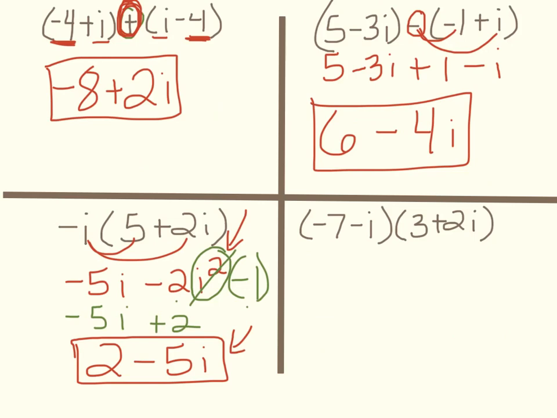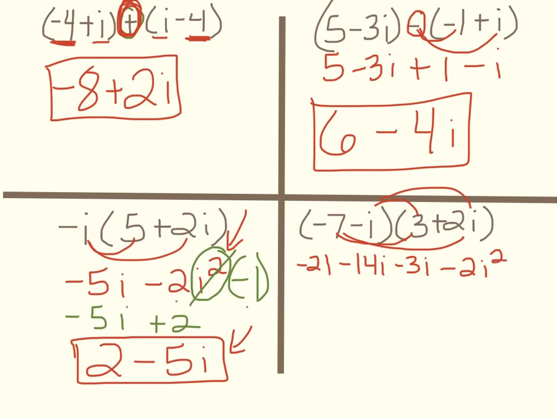Alright, and then this last one you actually will FOIL because there's an implied multiplication sign right there in between them. So we go first, negative 7 times 3 is negative 21, and outer, negative 7 times 2i is minus 14i, and inner, negative i times 3 is minus 3i, and last, negative i times positive 2i would be minus 2i squared.